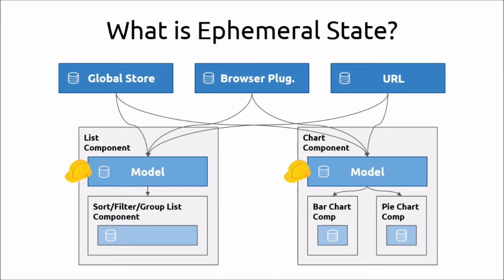As a front-end application, at least nowadays, is built with component-oriented frameworks, we also have component state. We have states that only live in one of those subcomponents, and this is marked here with the yellow helmet.